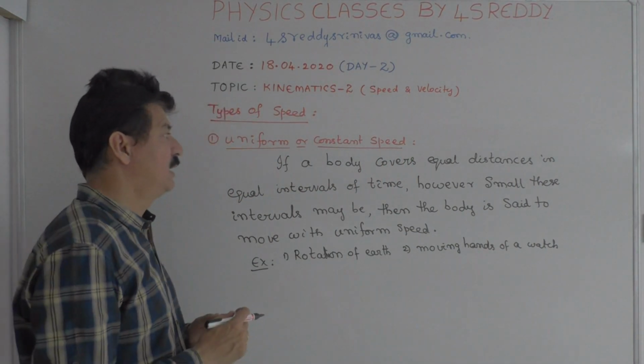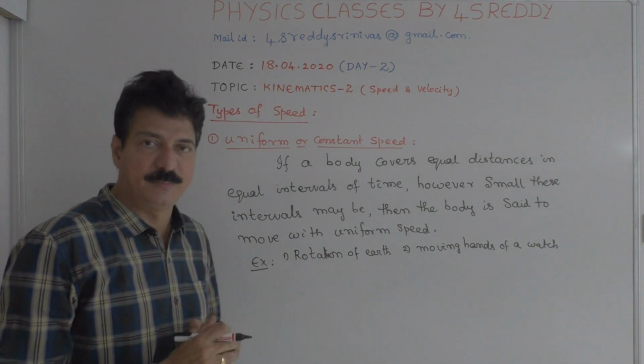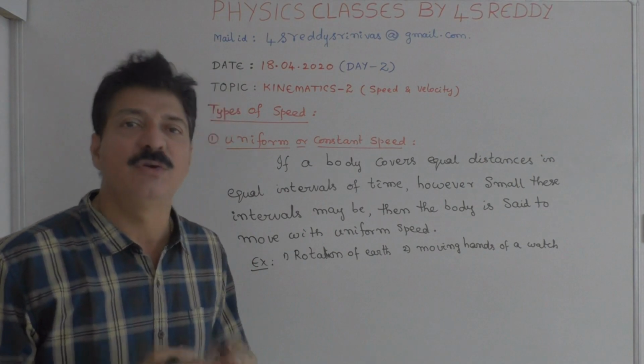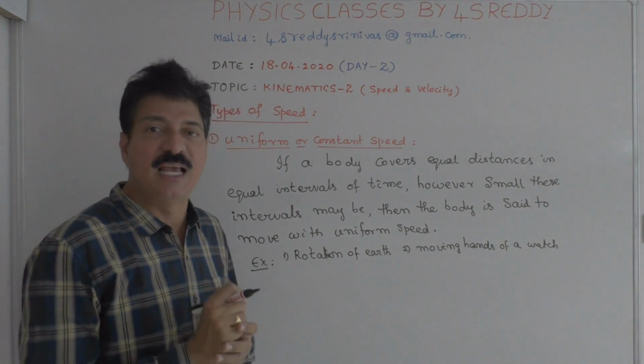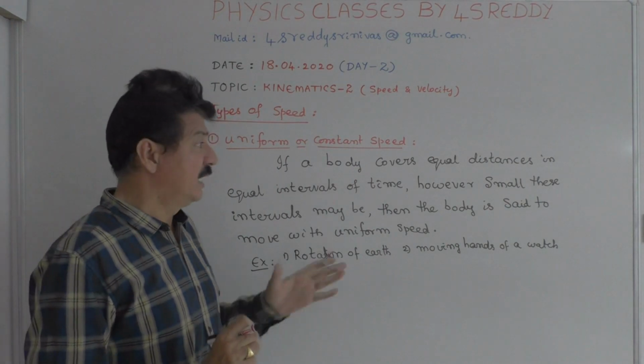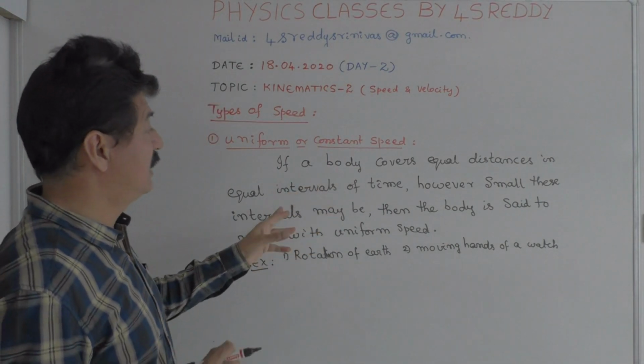These all come under uniform speed. From all the examples, we can conclude that an object in uniform circular motion can possess uniform speed.